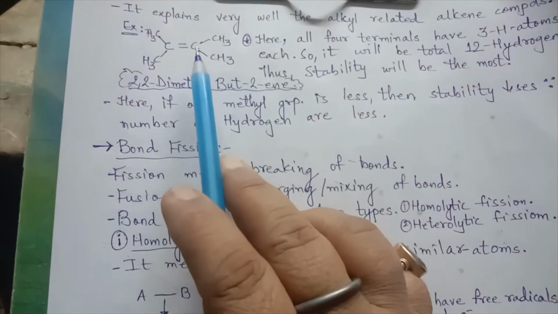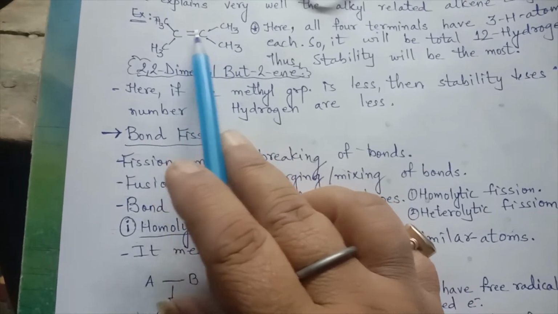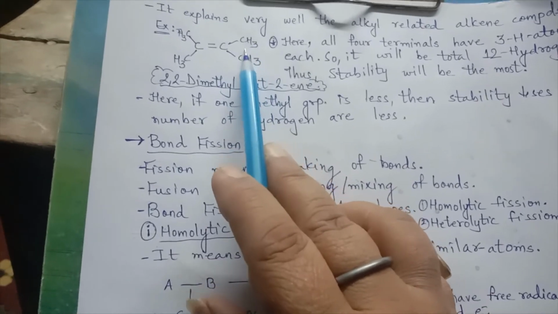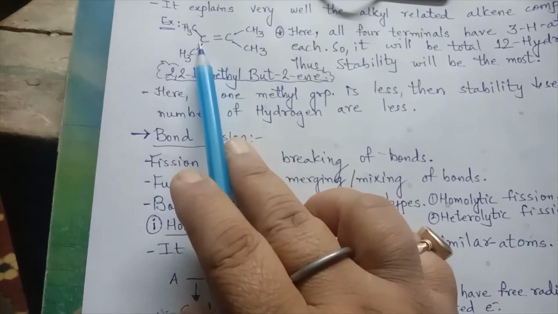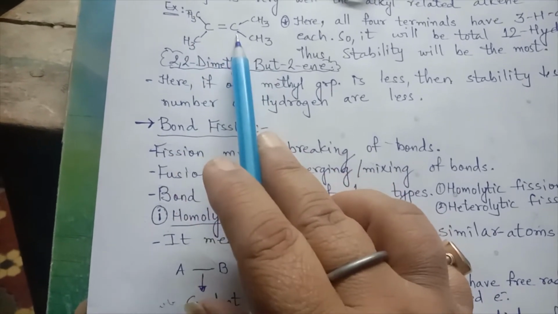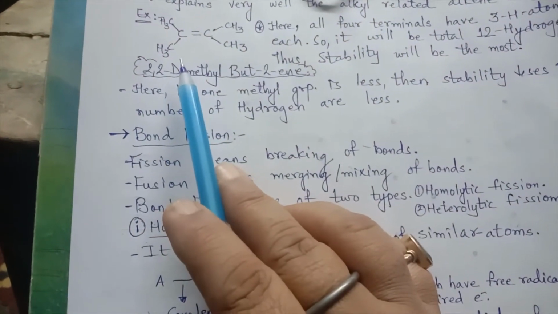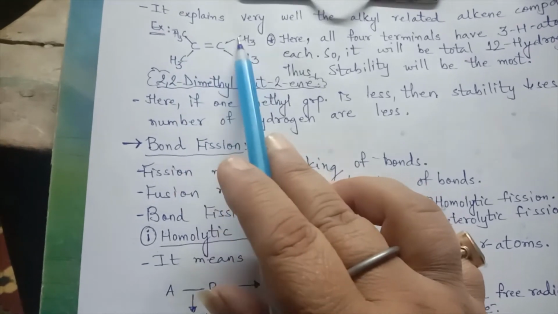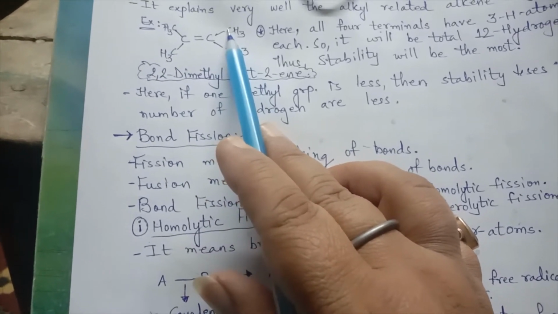So here 1, 2, right? 1, 2, 3, and accordingly here you see 1, 2, 3, hydrogen 4. 1, 2, 3, 4, right? And for this carbon 1, 2, 3, 4. For this carbon also 1, 2, 3, 4. So if we consider the IUPAC name, what can the name be? 1, 2, 3, 4. 4 carbons in a continuous chain, so it is a butane family.